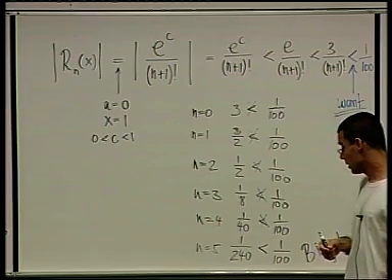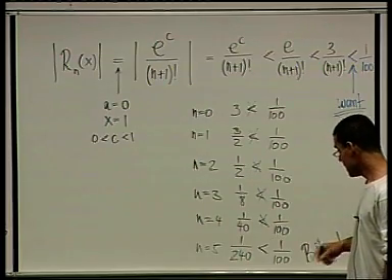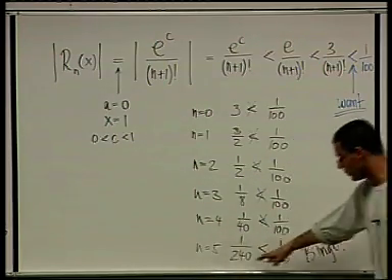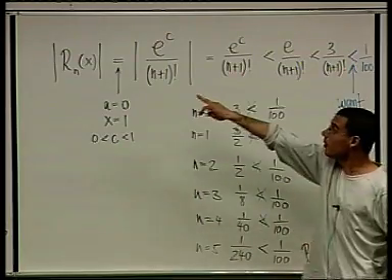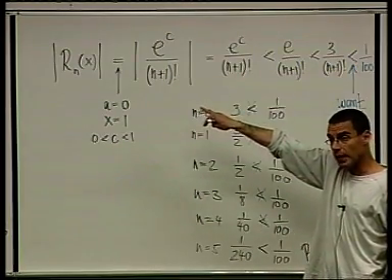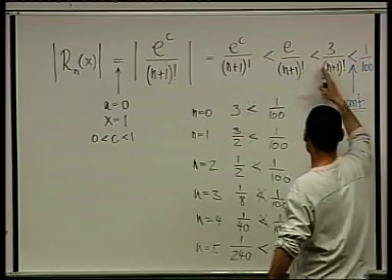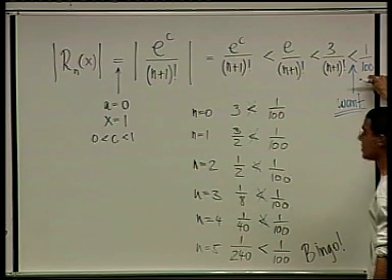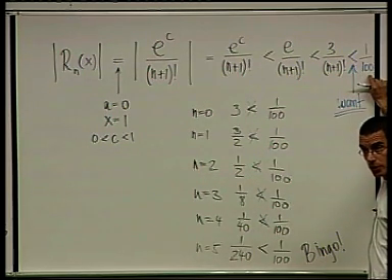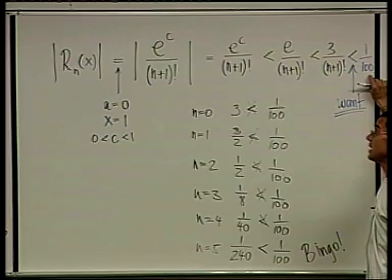Yeah. Okay. So do you agree that for n equals 5, the error R5 of x, by this calculation, is indeed less than 1 over 100? Do you agree? What does that mean?